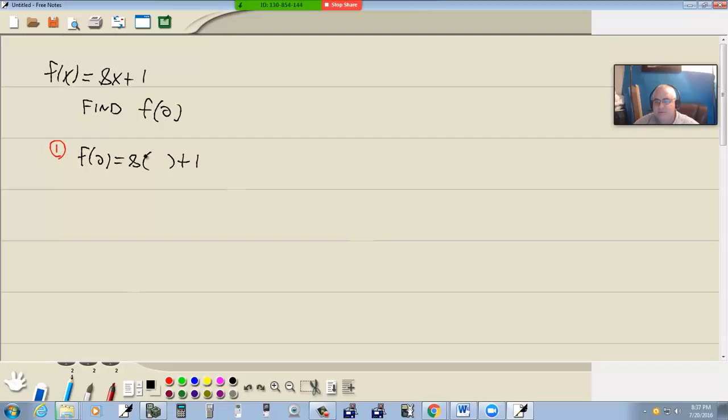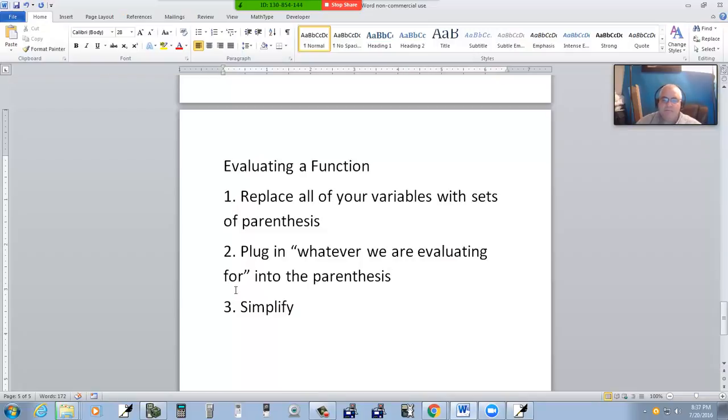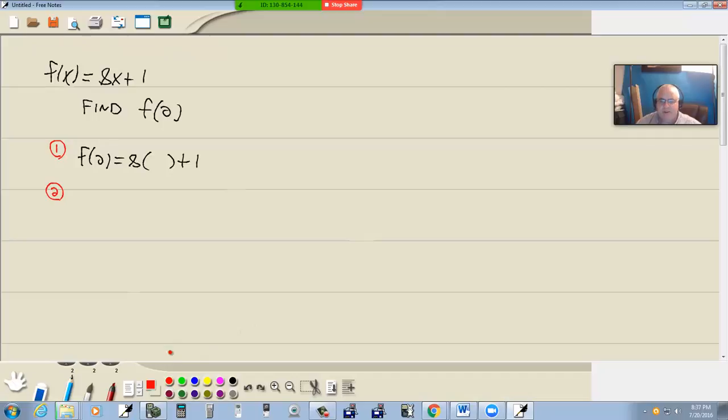So this x gets replaced by parentheses. Step 2. Plug in whatever we're evaluating for into the parentheses. And that's pretty vague what that says, whatever we're evaluating for. But that'll be whatever's inside the parentheses here. So this is whatever we are evaluating for.